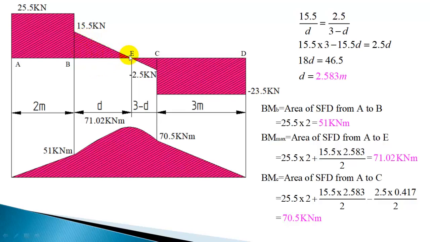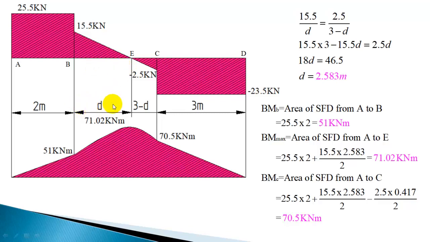But to calculate this triangle area, E is not a marked point. We know the distance BC is 3 meter. Now this point E you should locate, or this distance you should calculate.